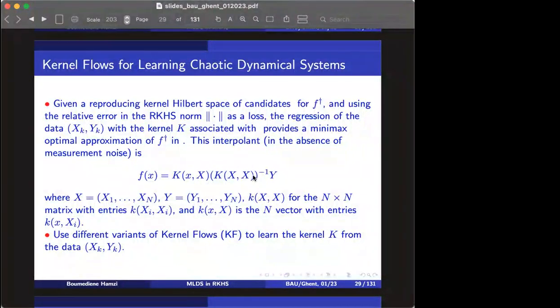introducing new variants, because we are looking at the problem of learning a dynamical system. So it's not only about learning an unknown function from random samples, but we are also looking at the problem of dynamical systems behavior. So we are not only interested in the short term, but we are also interested in the long-term behavior.